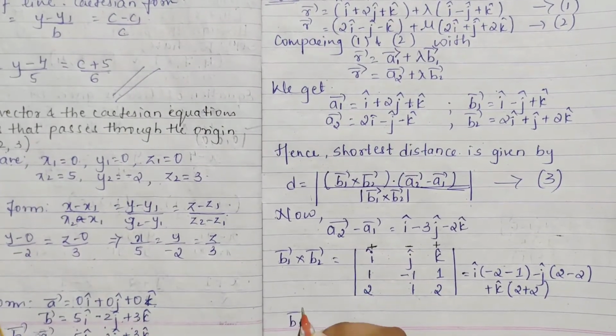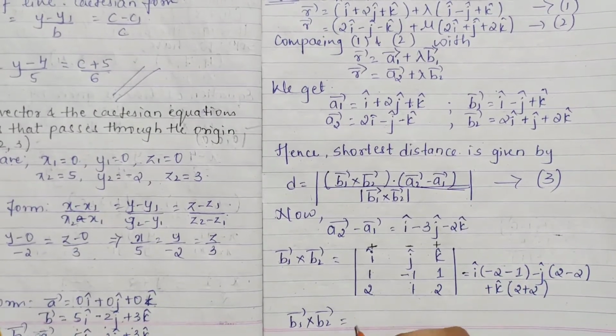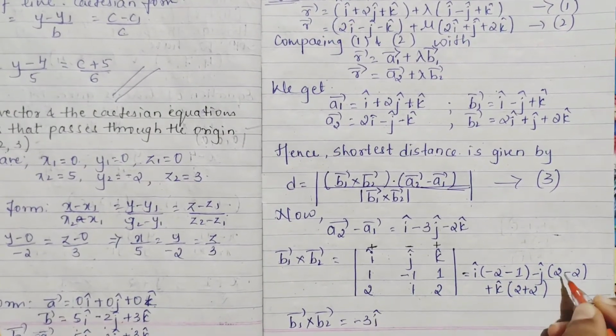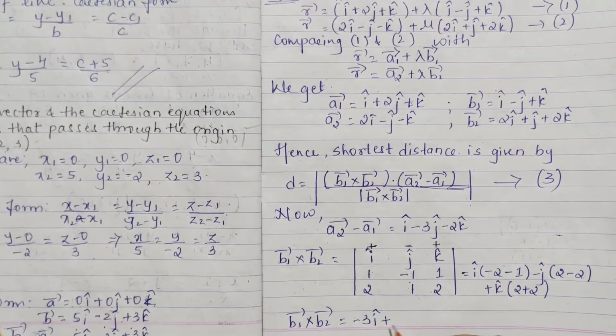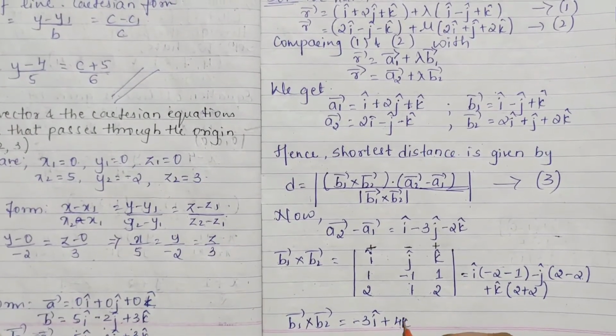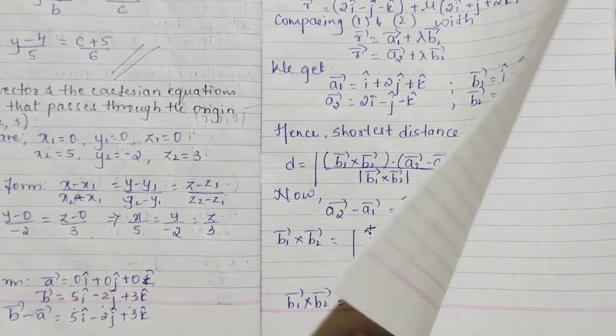So vector b1 cross vector b2, what you will get? Minus 2 minus, so minus 3i, plus, this gets cancelled, so j is 0, plus 2 2s are 4 k cap. So 4 k cap, you will get b1 cross b2.